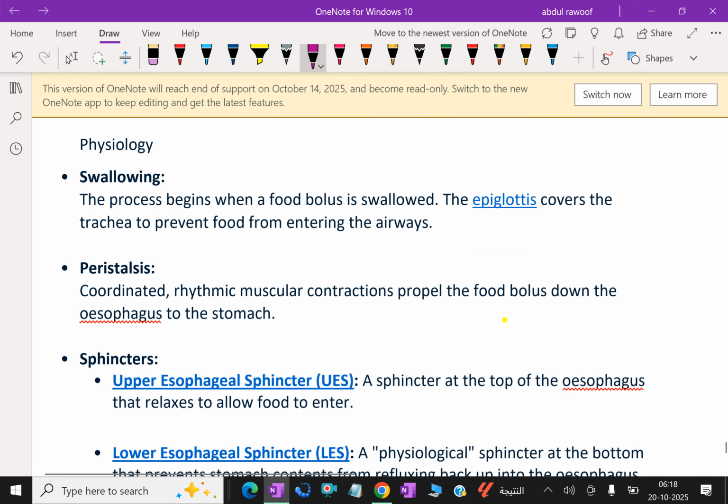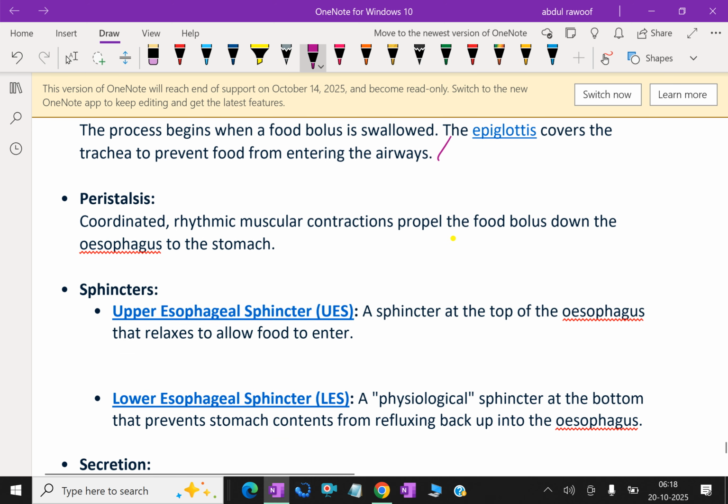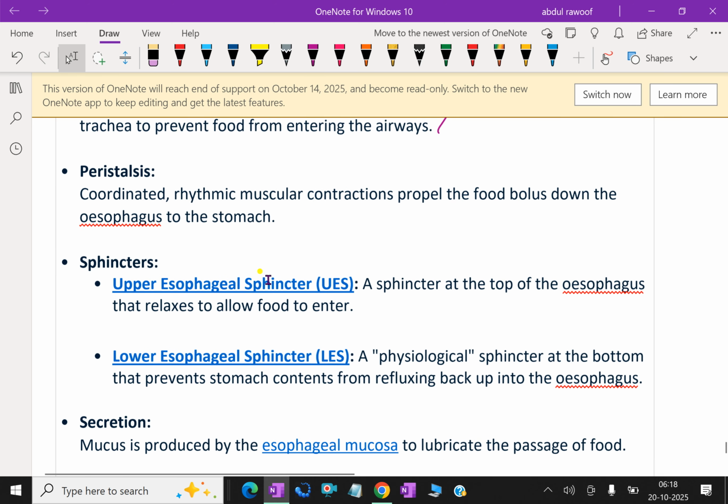Physiology. Swallowing: the process begins when a food bolus is swallowed. The epiglottis covers the trachea to prevent food from entering the airways. Peristalsis: coordinated rhythmic muscular contractions propel the food bolus down the esophagus to the stomach.